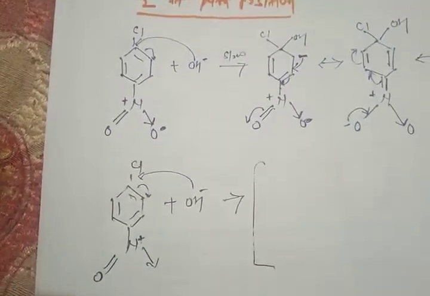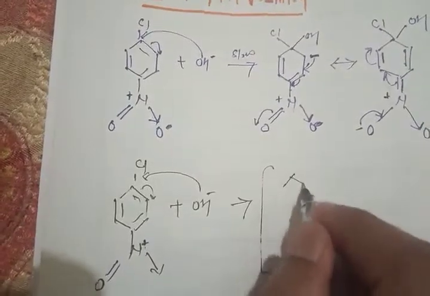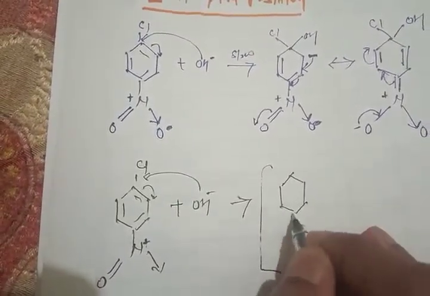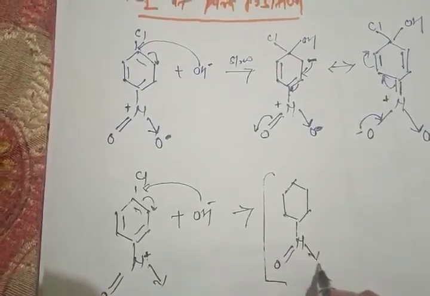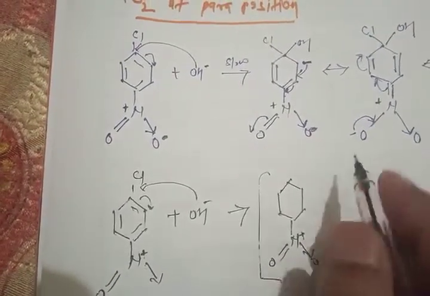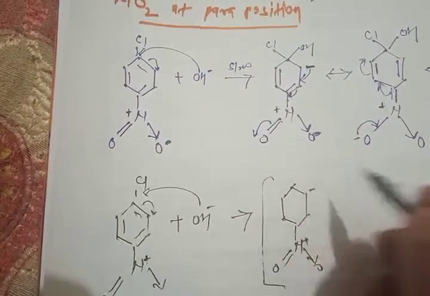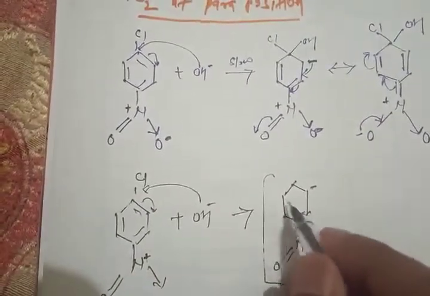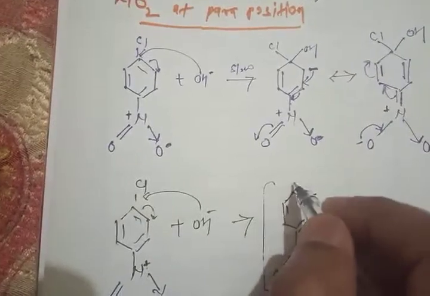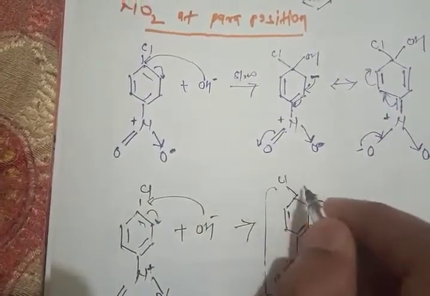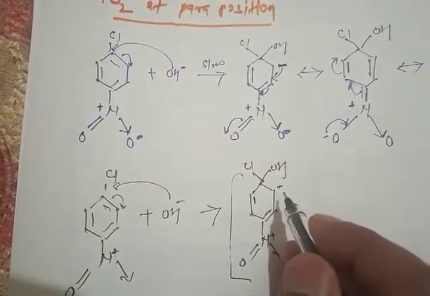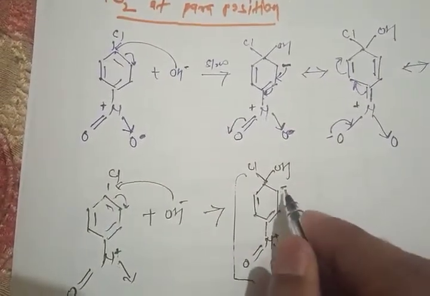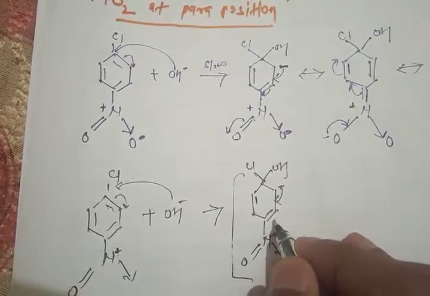So what will happen here: nitrogen with oxygen and oxygen positive charge, and here a negative charge will generate, and here Cl and OH. Then in the next step, this will move to this side, and this will go to this side.